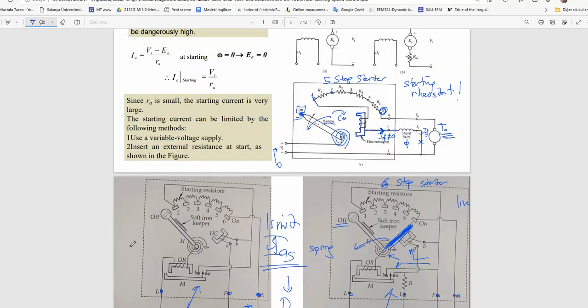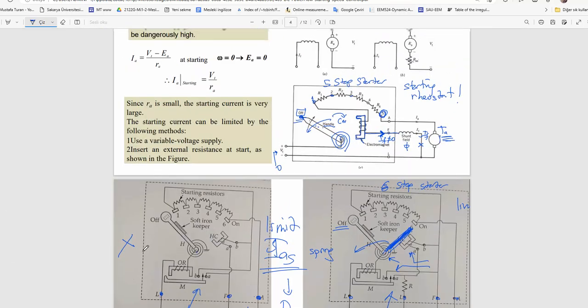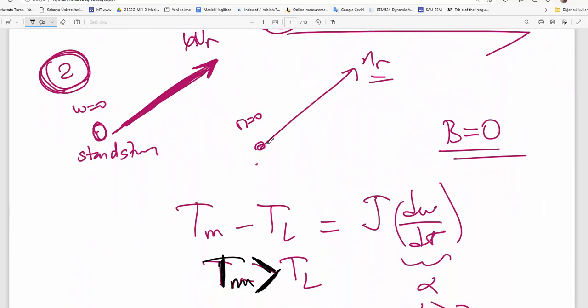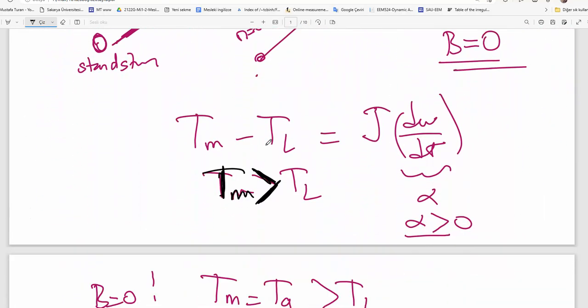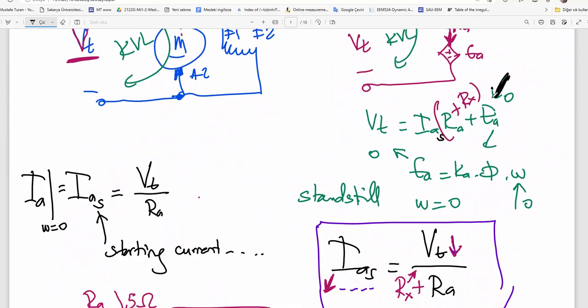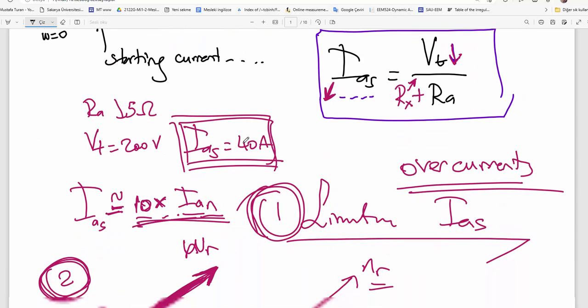The detail is not important here. What is important is the problem. There's a starting problem due to the electromotive force, because it is 0 when the machine is at standstill. Due to that phenomenon, larger startup currents, overcurrents, occur, so you should limit it.